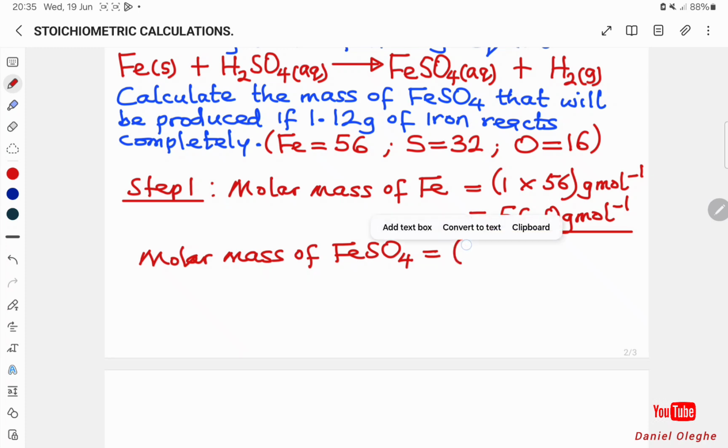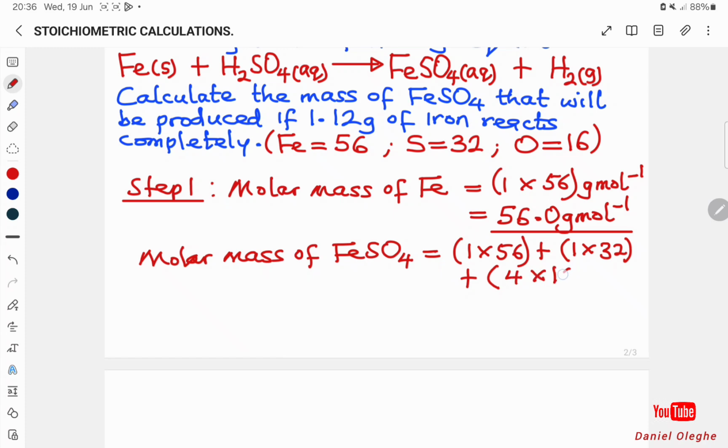We have 1 atom of iron, 1 times 56, plus 1 atom of sulfur, 1 times 32, plus 4 atoms of oxygen, 4 times 16 gram per mole.